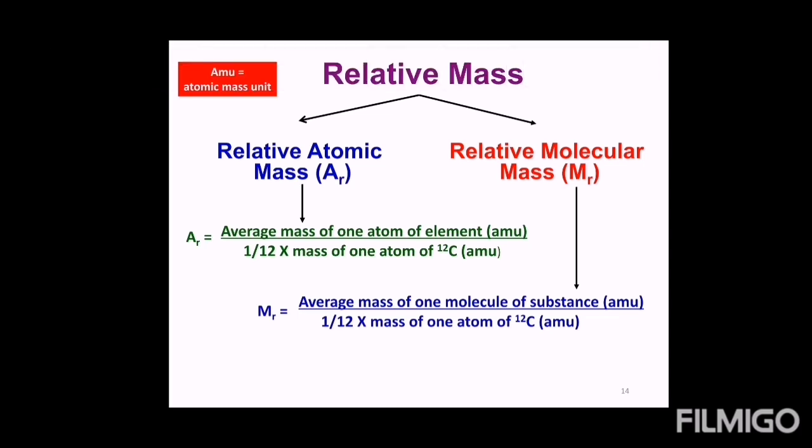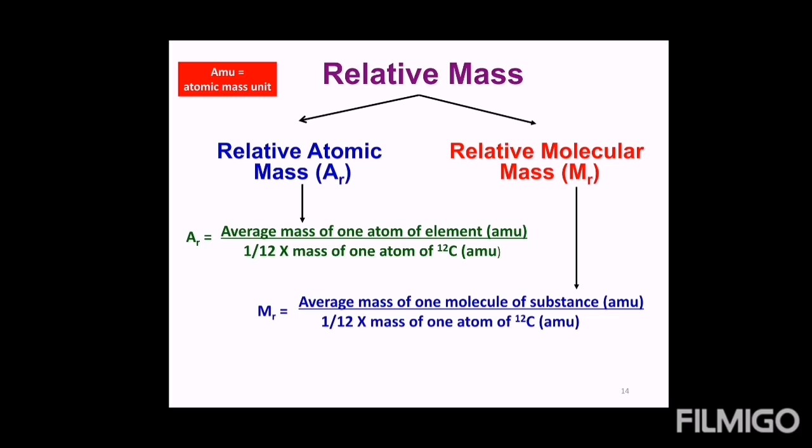And then we go to the formula for relative molecular mass, MR. MR equal to average mass of one molecule of substance in AMU unit also divided by 1/12 times mass of one atom of carbon-12 also in AMU unit. Alright.